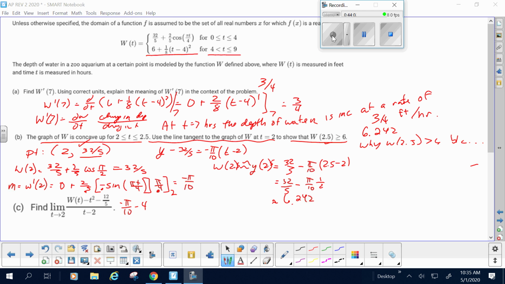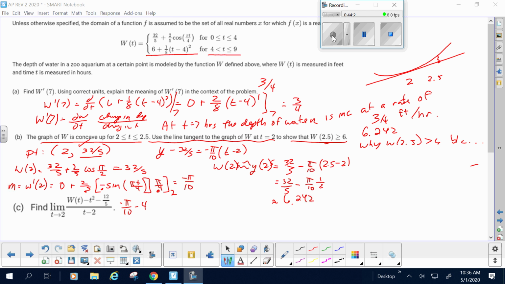Now here's where a picture helps. I have a curve that's concave up, according to what they say, and I did a tangent line at 2. Well, if I go to 2.5, won't the curve have to be more than whatever my tangent line says?